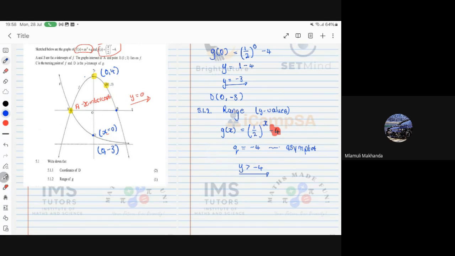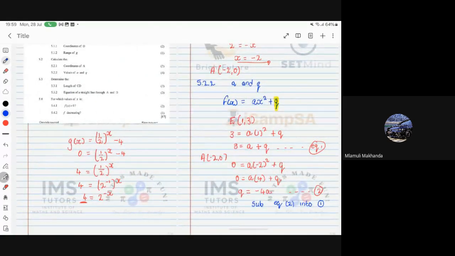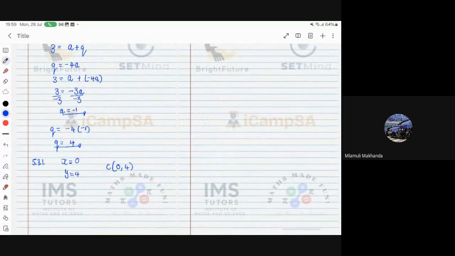The value of y at c is 4 and the value of y at d is -3. So to find the length of CD, we just have to subtract those two. It's 2 marks.